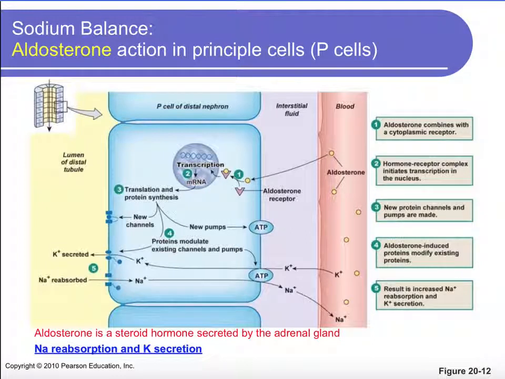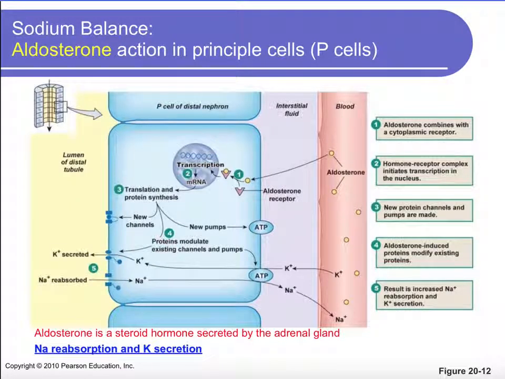Now, aldosterone released by the adrenal gland acts here in the distal tubule. And so aldosterone is a steroid hormone, so it can cross the lipid bilayer because it likes lipids. So it will bind to receptors inside the cytosol. And remember, we talked about how if you bind to receptors inside the cytosol or inside the nucleus, you will turn on genes. So that's what's happening here. We are telling our DNA to transcribe into mRNA and then translate into new proteins.